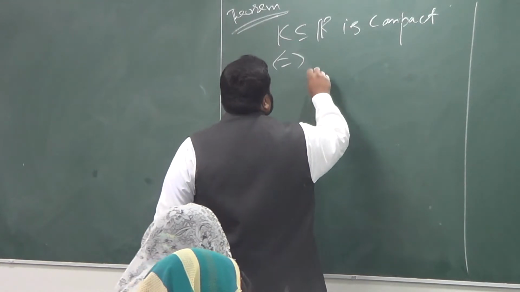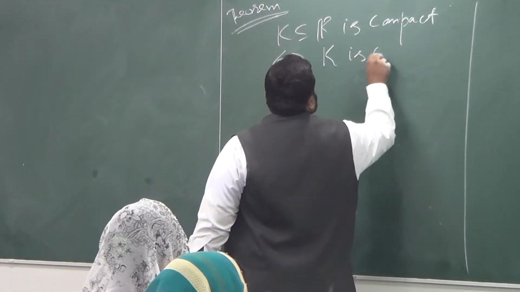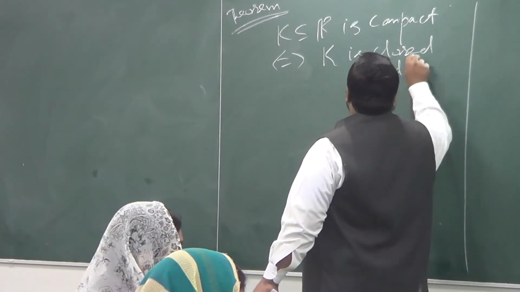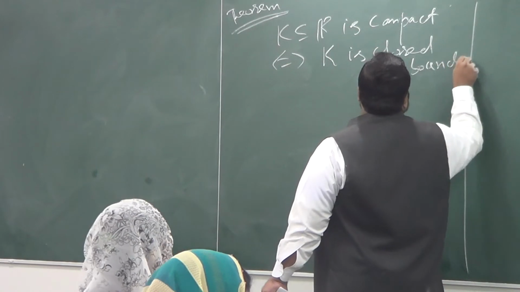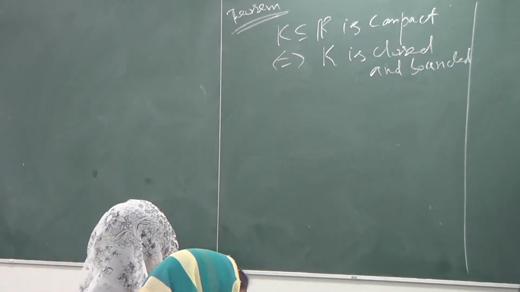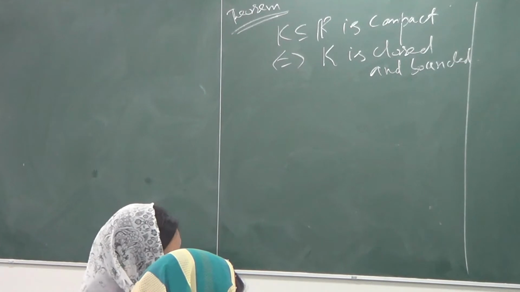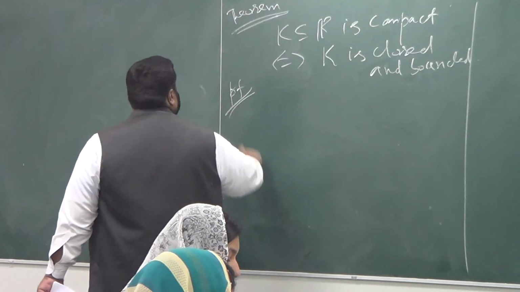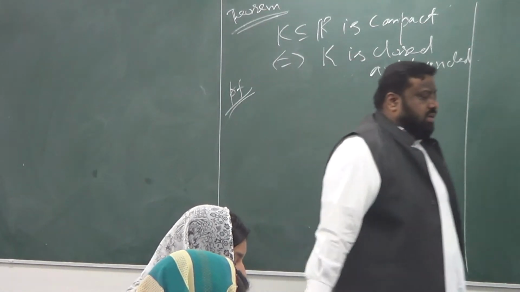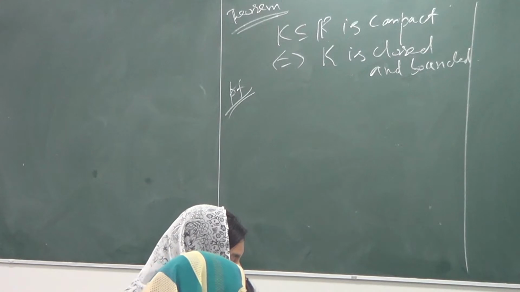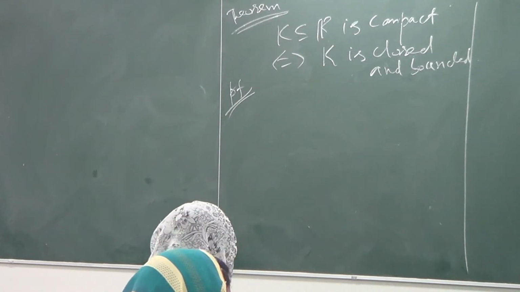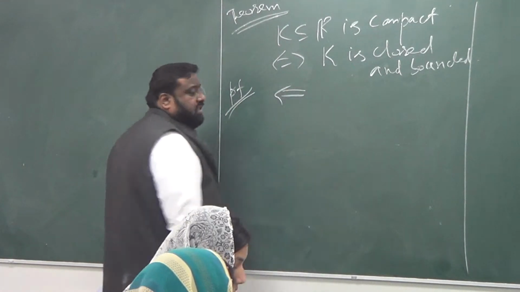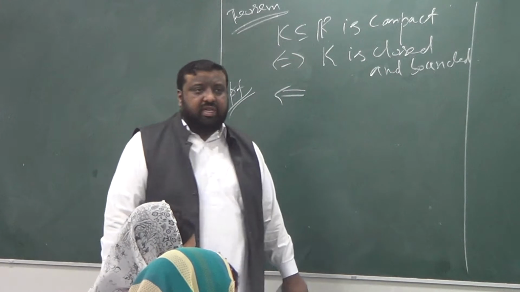K subset of R is compact if and only if K is closed and bounded. Let's prove this side first.